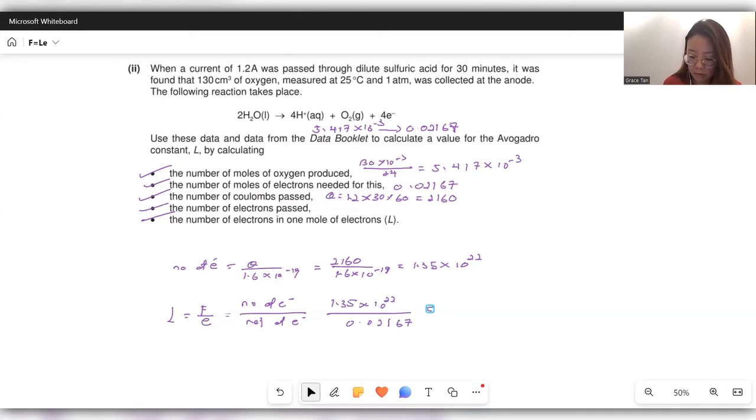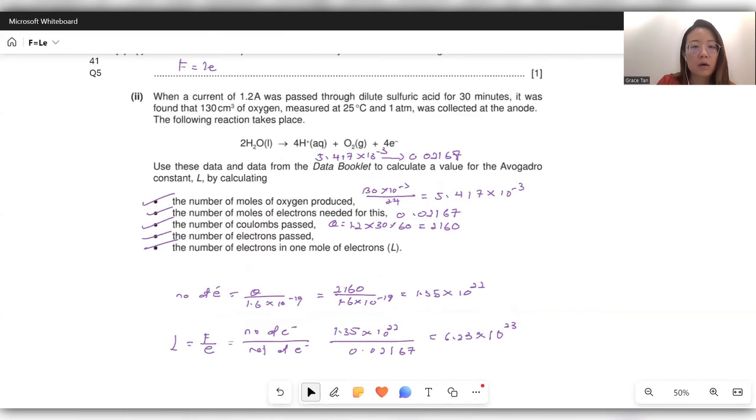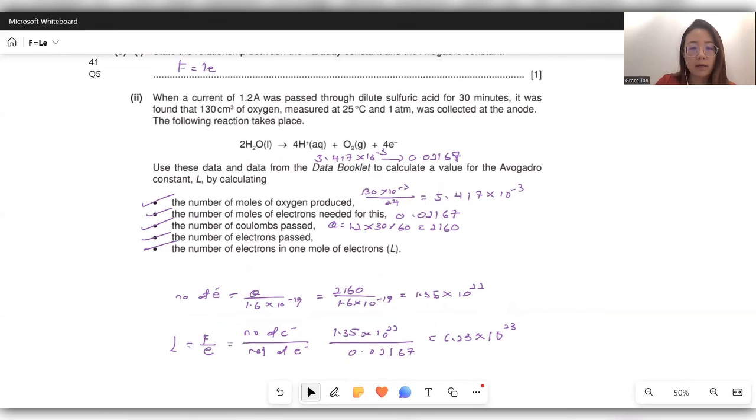What I've calculated over here in 3 significant figures is 6.23 times 10 to the power of 23. Nice. Near to the theoretical Avogadro constant of 6.02. It's going to be around there. So I have already extracted 5 different questions underneath the heading called how do we prove the experimental Avogadro constant.